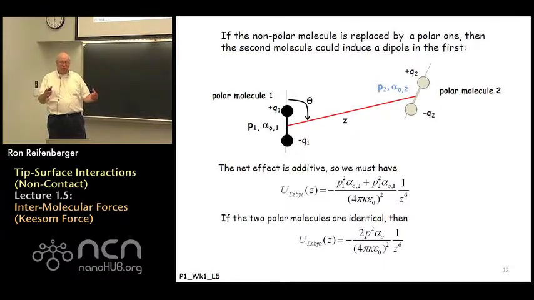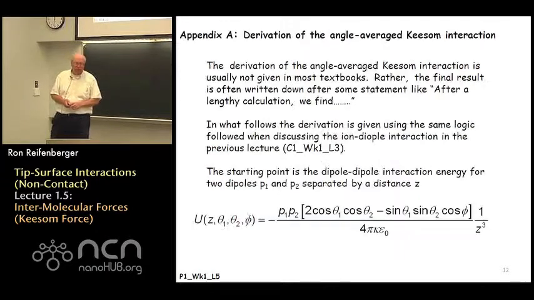So that also has to be considered, and if you have the case where you have two polar molecules that are identical, and each polar molecule has a polarizability, then it's possible that the Debye interaction can be rewritten, and the expression that you tend to find in the review articles is given on the bottom of this slide. It's a 1 over z to the 6th. If the two molecules are identical, then it's a p squared over polarizability in the numerator that determines the interaction, the Debye interaction between two polar molecules.